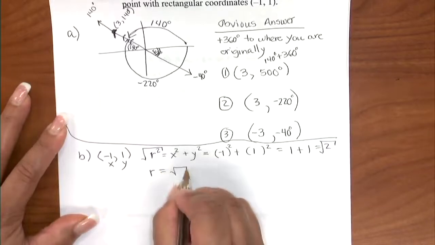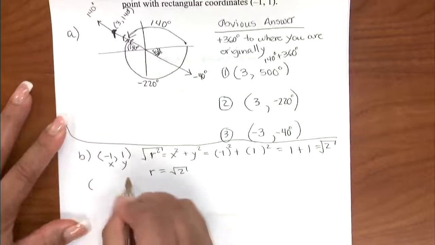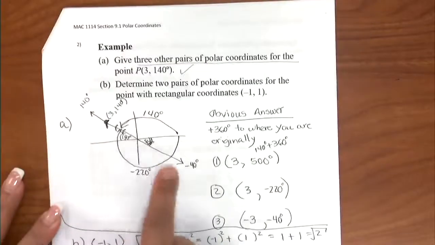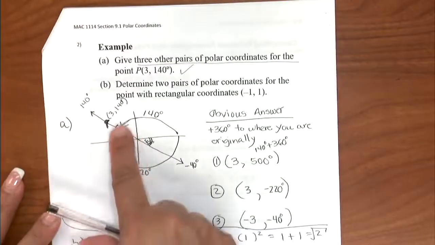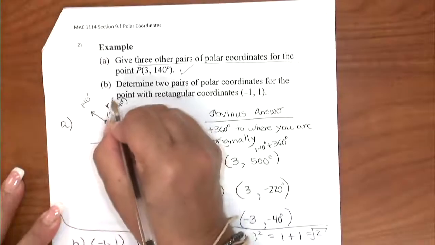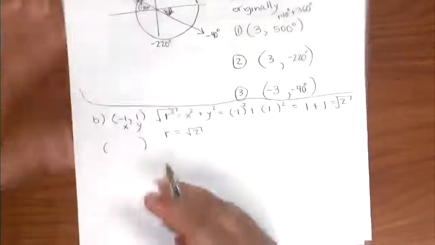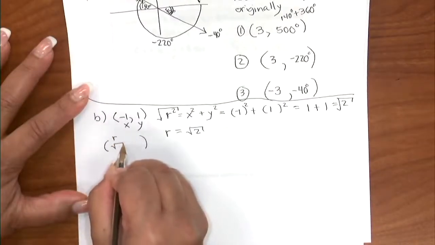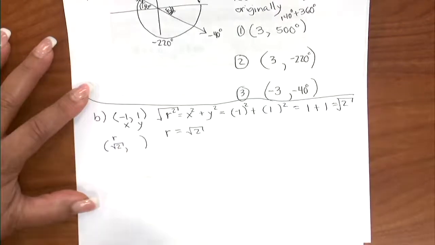So r is square root of 2. So moving over, getting myself to the point where I was when I started this problem. I started with an r and a theta, and I'm trying to get myself there for this other problem. Okay, so this is r, square root of 2, and then my theta.